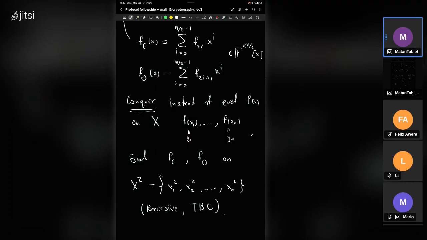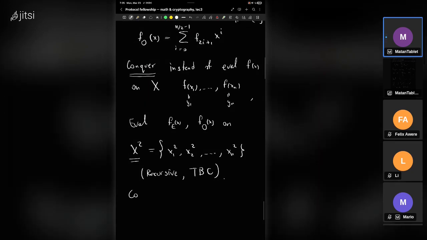If I am able to evaluate the polynomials Fe and Fo on the set x squared, then in the combine stage I observe that f of x is in fact f even of x squared plus x times f odd of x squared. And this I leave to you as an exercise. It's a very easy calculation.